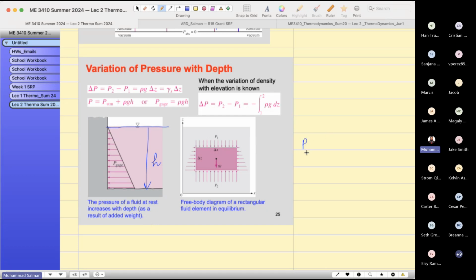If I consider point one as atmospheric pressure, plus the pressure inside, how would you get the gauge pressure here? It is rho gh. This is the formula. The formula for finding the pressure of a certain head is rho gh.